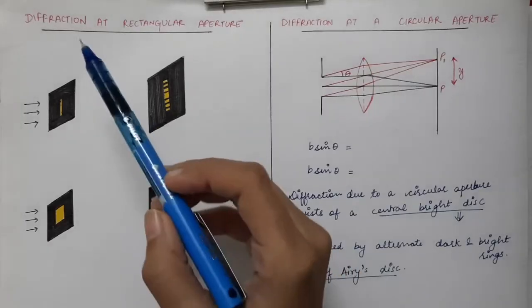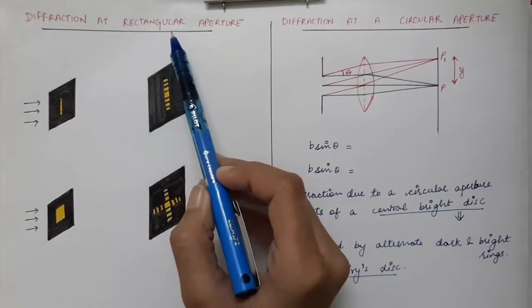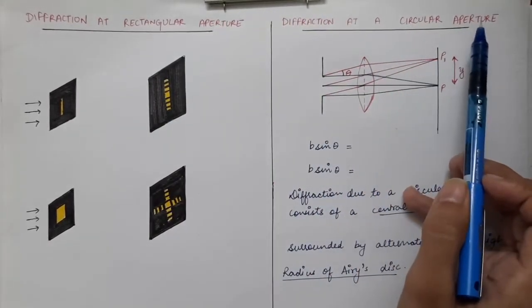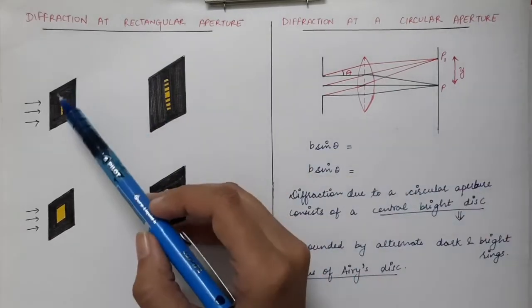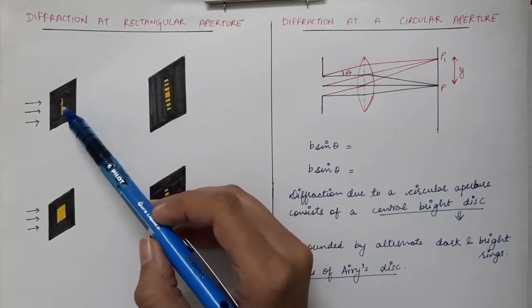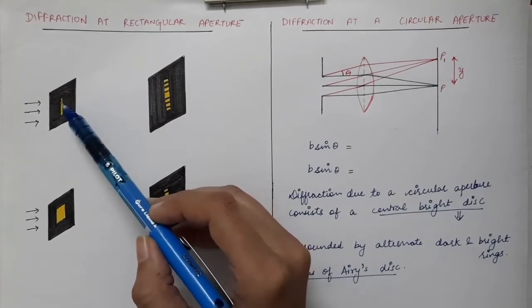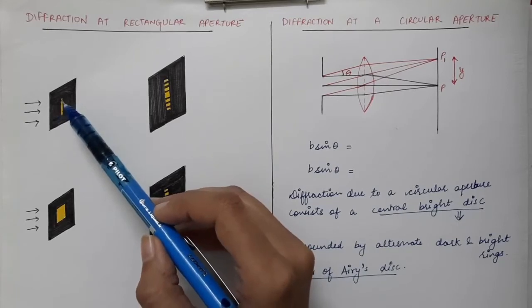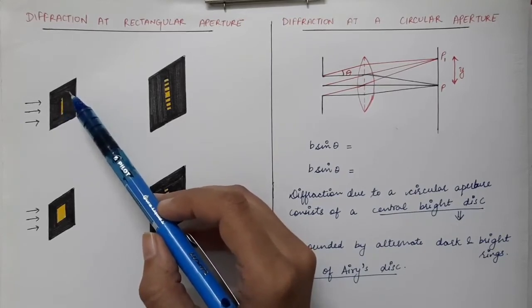Now we are going to discuss diffraction at a rectangular aperture and also diffraction at a circular aperture. Till now we had a slit which had a certain width, but it did not have any length. The width is what we used in the various articles where we derived the expressions of intensity.